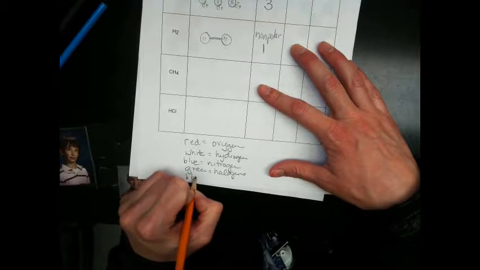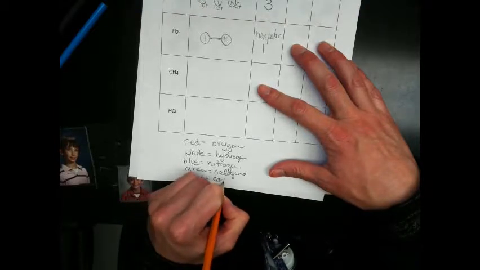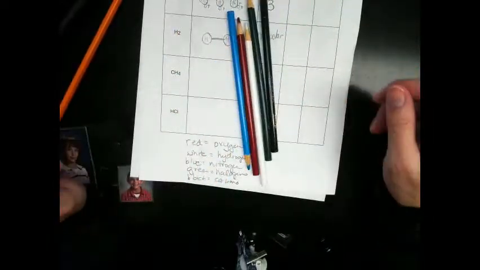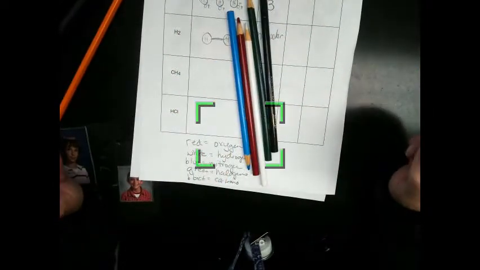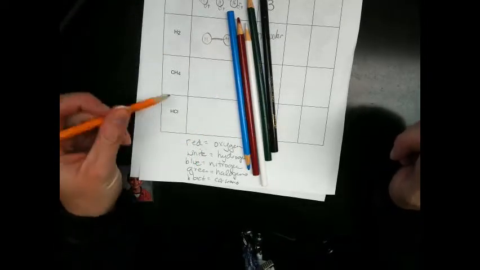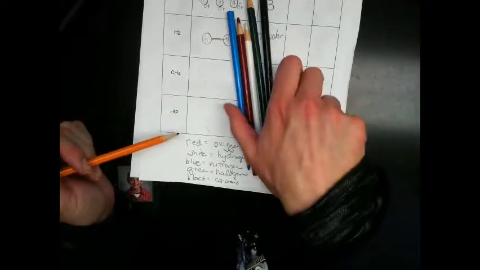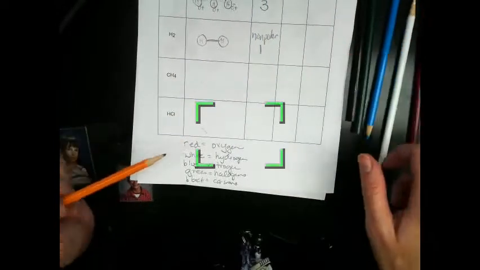And then the black is going to be the carbons. So if you don't have those particular colors, well, I just happen to have for you some crayons or colored pencils that you can use to make sure you color code your drawings correctly. Right. So that's what you need to work on and complete by the end of class.